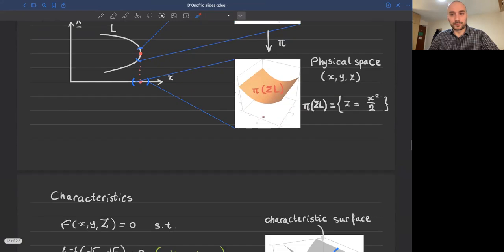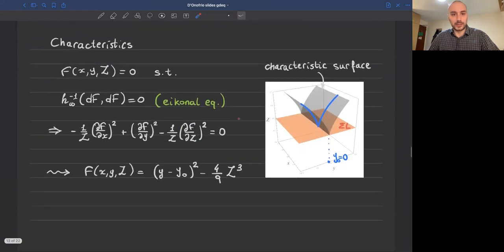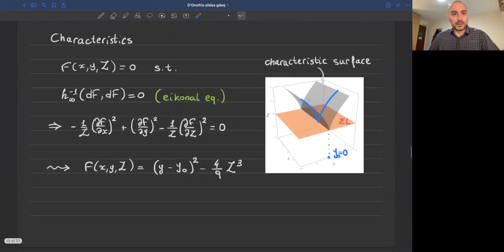Well, with this picture in mind, we can now speak of characteristic surfaces. I would like to remind you that the problem is hyperbolic over here, that is for z bigger than 0.